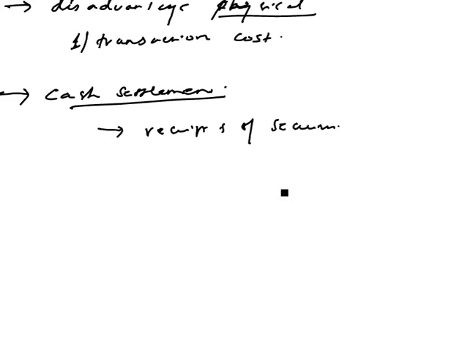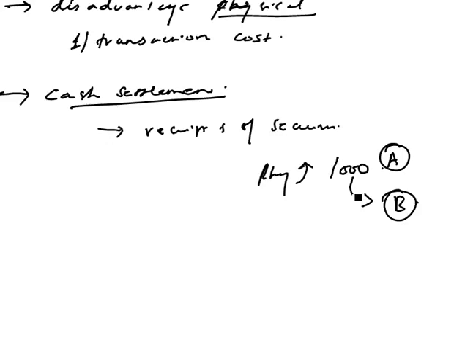As I told in the previous case, in physical settlement I have to buy 1,000 shares of Ultratech and then sell it. Let's say I am A, then I have to sell it to B, each share at, let's say, 105 rupees, in case the spot price is greater than the forward price. So here there is a transaction cost involved for buying.